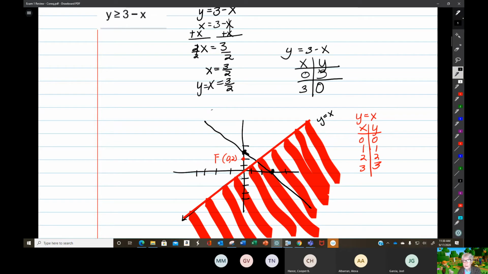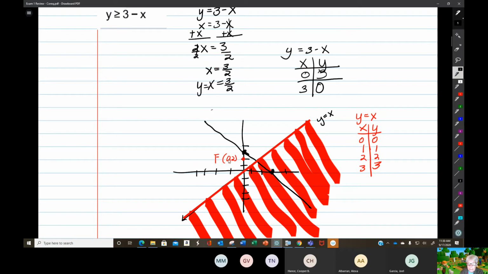I could use 0, 0, but I don't want to complicate life. Look at this, 0, 2 is also not on the black line, so I'm going to use that. I mean, there's no law that says I can't use it.